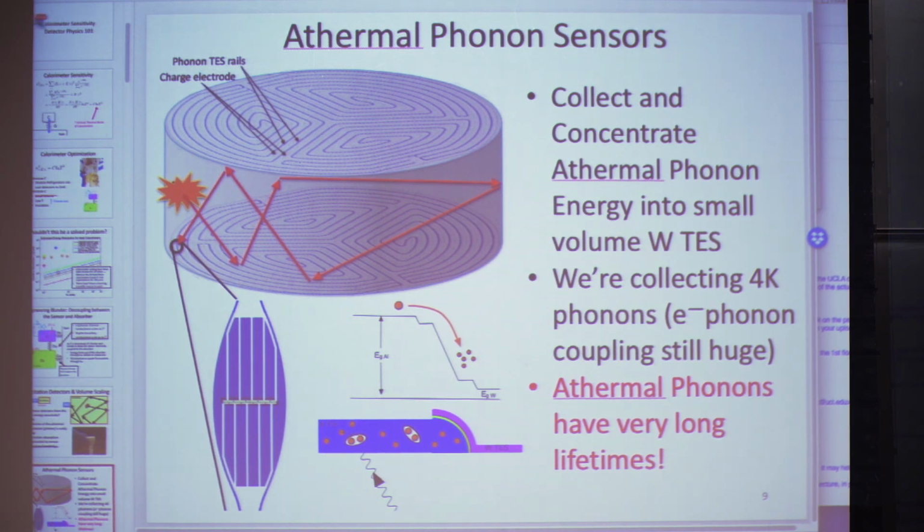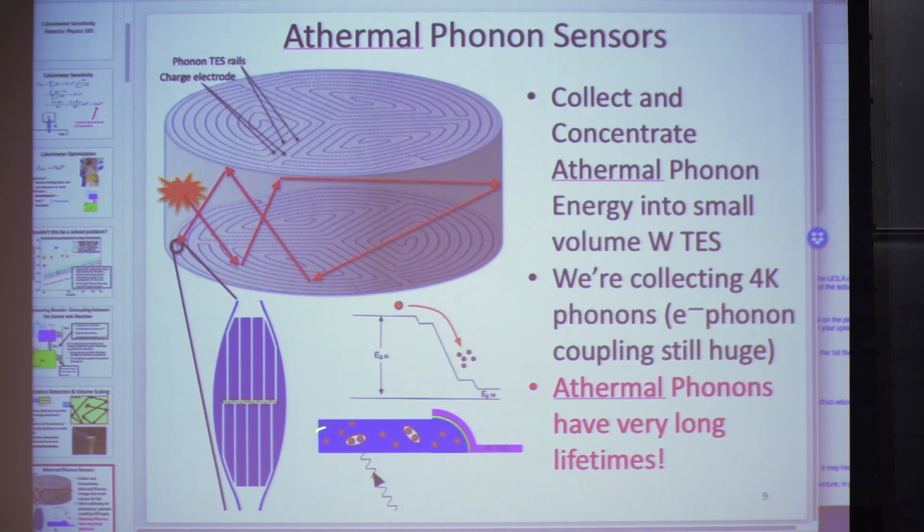And they're bouncing, and then we cover a certain fraction of the surface with an athermal phonon sensor. Basically, a phonon comes in and interacts with an aluminum superconducting film. That athermal phonon will break the Cooper pairs in this film into two quasiparticles, turning the phonon's energy into the gap energy plus the kinetic energy of the quasiparticles.